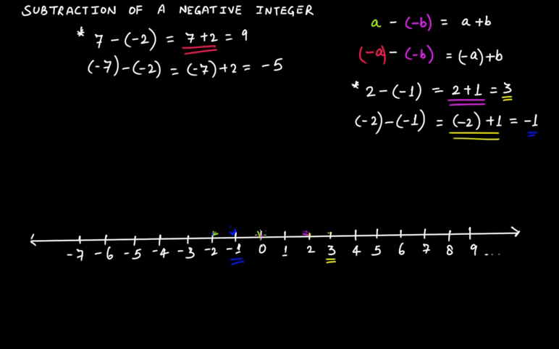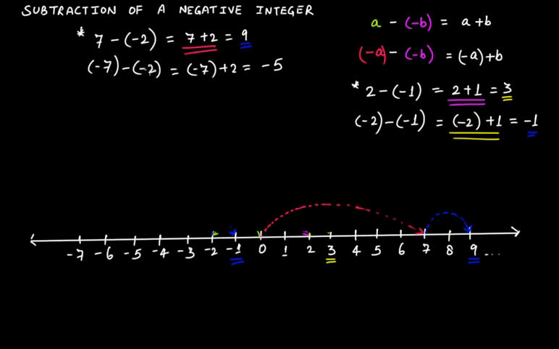So from 0 you will land at 7, and then you have to add again plus 2, that is you're adding 2, a positive integer. So 1 step and 2 step, you will be at 9. So 9 is the answer.